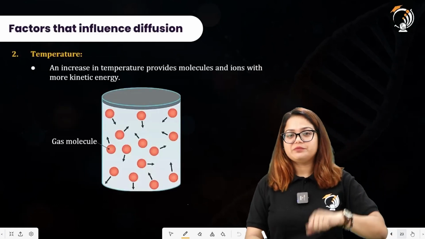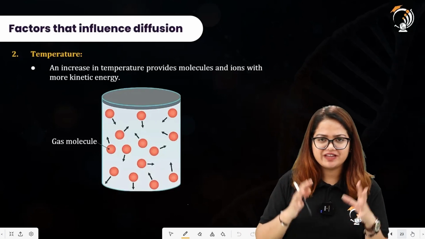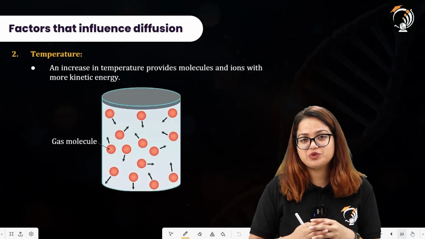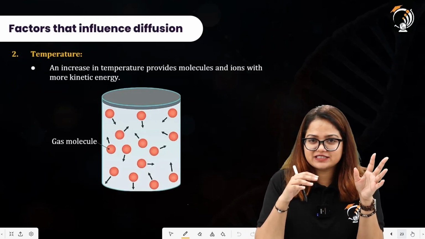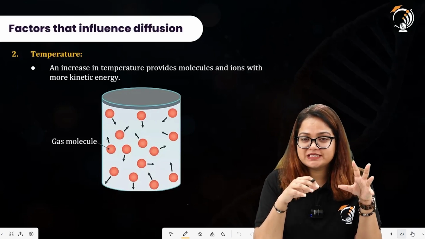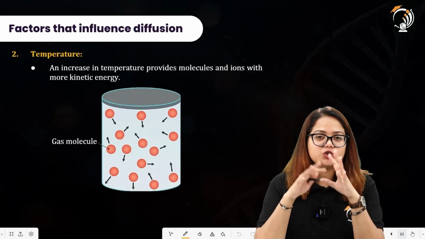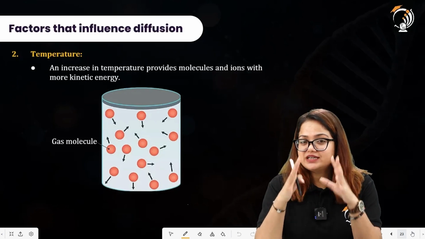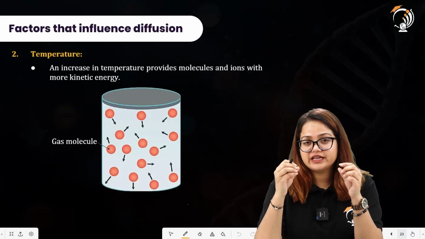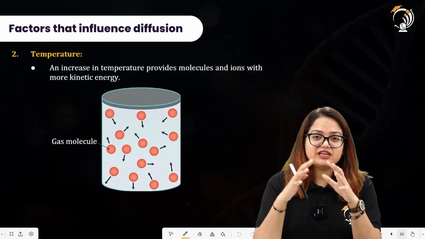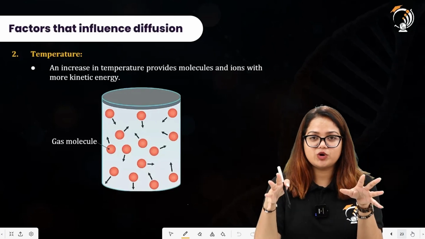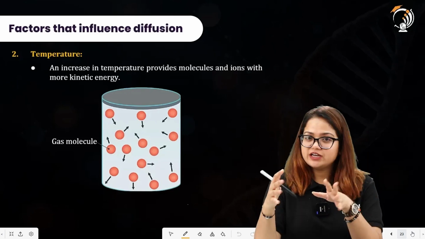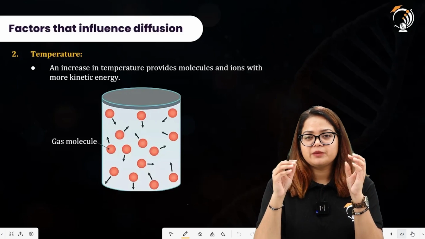Now, talking about temperature. Let us recollect the information we have just gathered about the diffusion process: the molecules exhibit random movement. Students, tell me what happens when the temperature is increased in an environment where many molecules were in random motion at a particular speed?